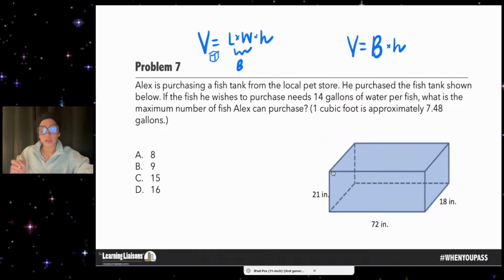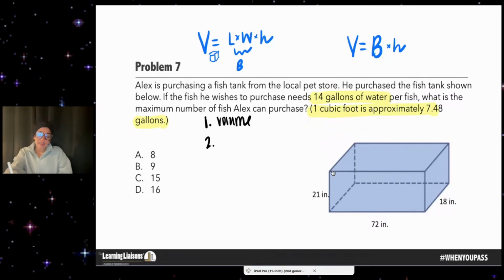The fish that he wants to buy requires 14 gallons of water. And they tell us that 1 cubic foot is approximately this many gallons. So my plan of attack is I need to find the volume so I can find out how many cubic feet we have.